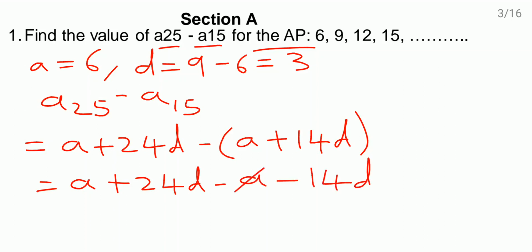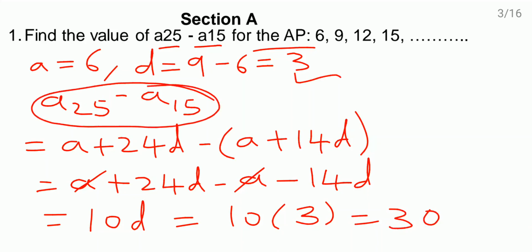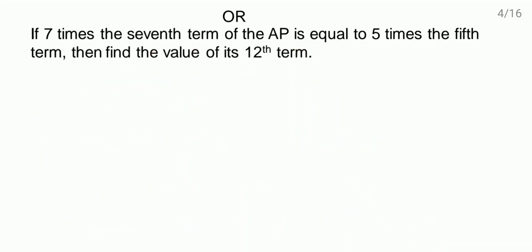So A and A got cancelled. 24 minus 14 comes as 10D. D is 3, we have already found it. So it comes as 30. So the difference of these two terms is 30. Let us see the other one.